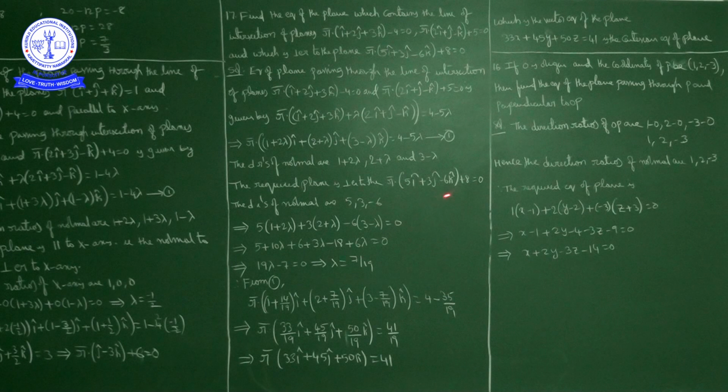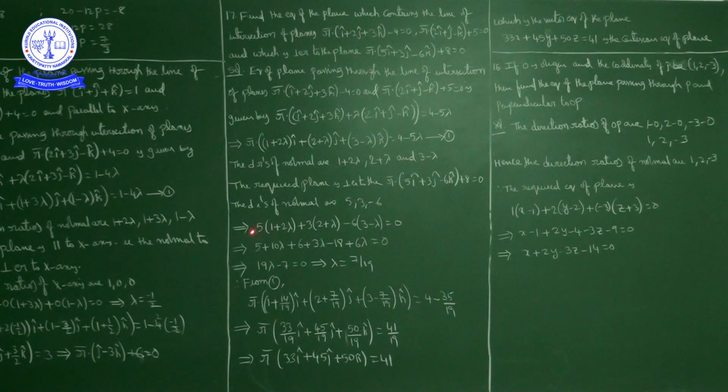Okay, now direction ratios of this plane are what? Direction ratios of normal to this plane are 5, 3, minus 6. Now as these two are perpendicular, equation 1 and this plane are perpendicular, okay, then a1 a2 plus b1 b2 plus c1 c2 equal to 0. Here a1 b1 c1 are 1 plus 2 lambda, 2 plus lambda, 3 minus lambda. a2 b2 c2 are 5, 3 and minus 6.